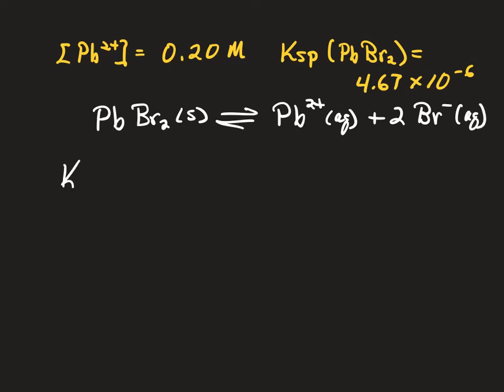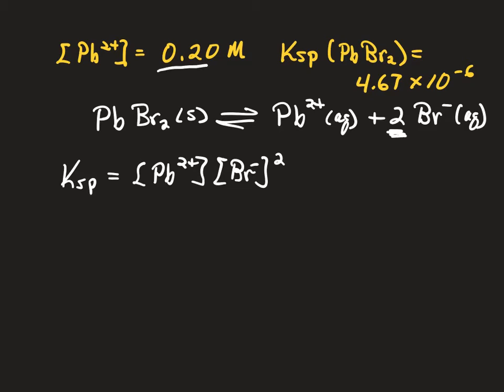So the form of our KSP is going to be equal to the concentration of lead ions in our solution times the concentration of bromide ions squared, remembering our coefficient.